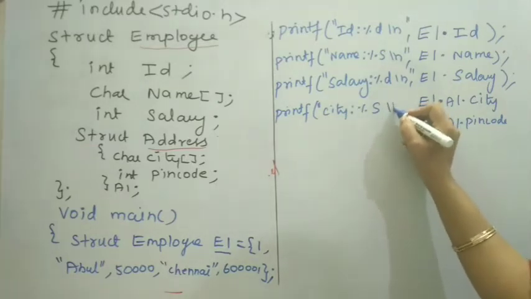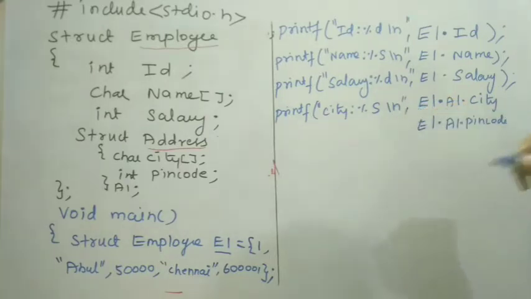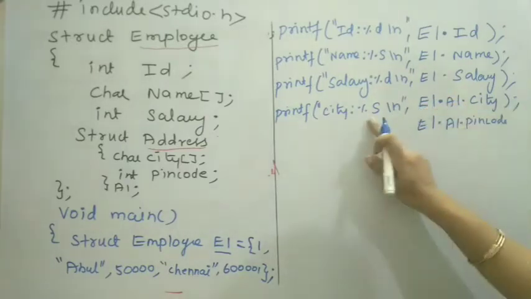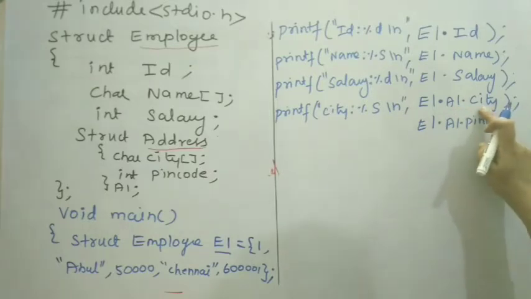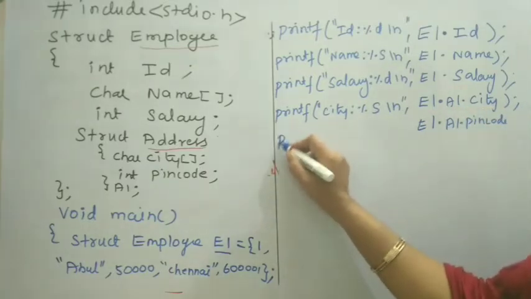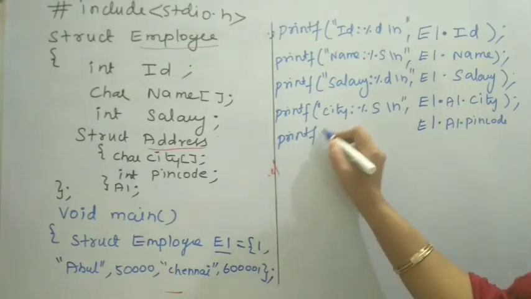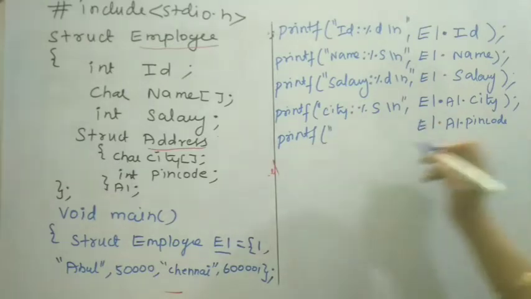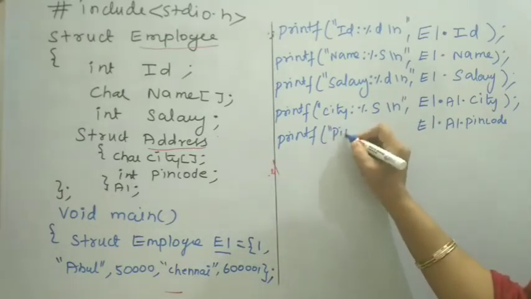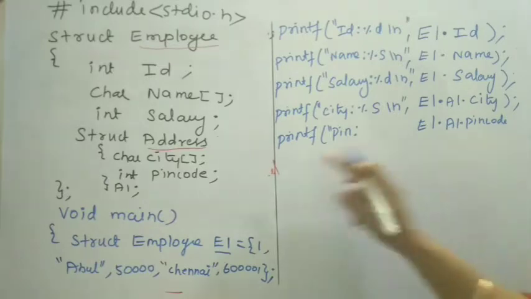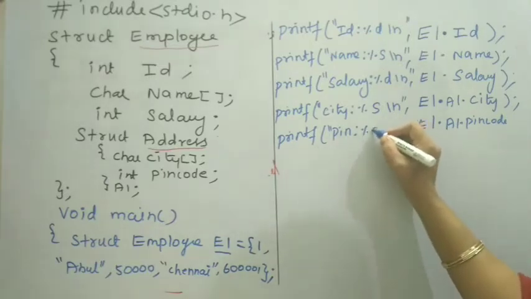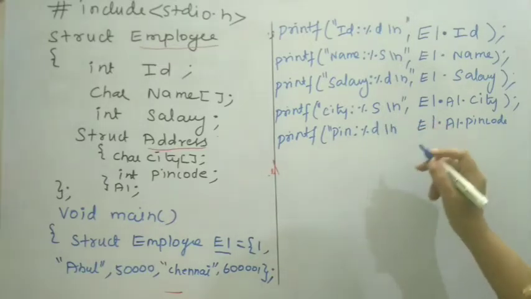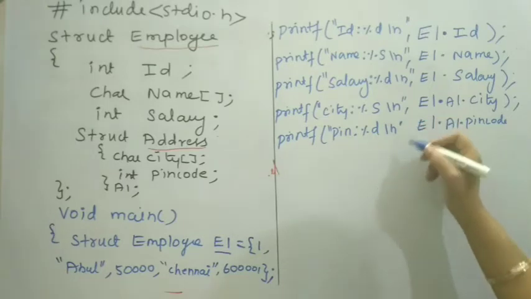Then to move to the next line, control string backslash n. This control string will be replaced by the value of the data member city. Then the next printf statement prints the value of the data member pin code. So pin colon, pin code is an integer value, so the control string is percentage d. To move to the next line, backslash n.